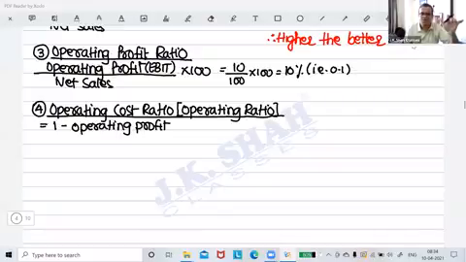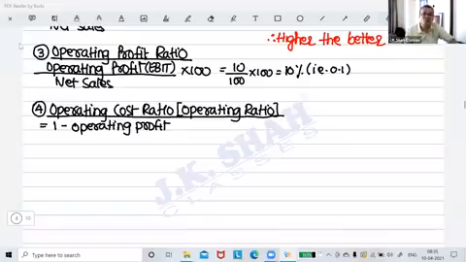I hope you all understand 10% is 0.1. If you don't know, it's okay, do 10 upon 100. Try it in your calculator, it will come to 0.1. Not knowing is not a crime.